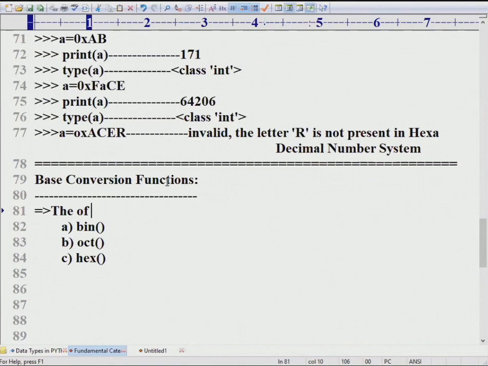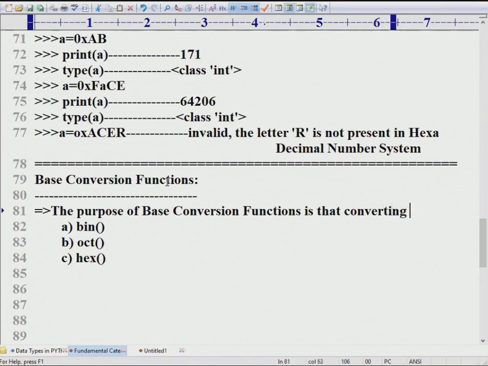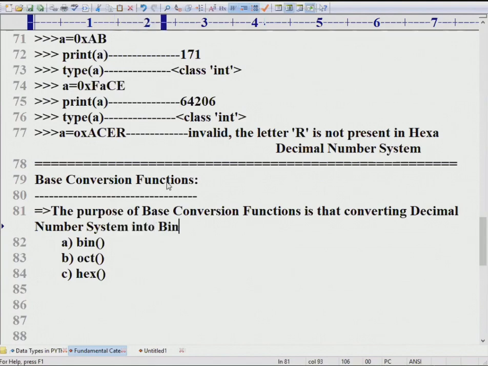The purpose of base conversion functions is converting decimal number system data into binary, octal and hexadecimal number system.